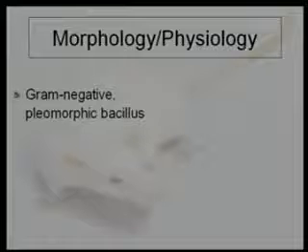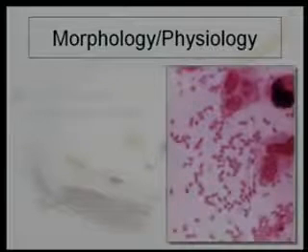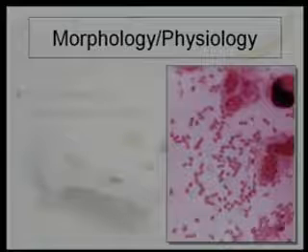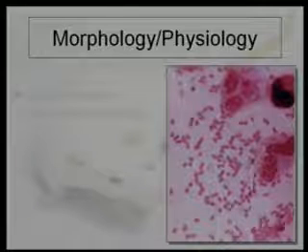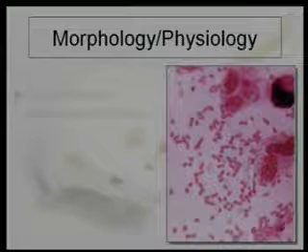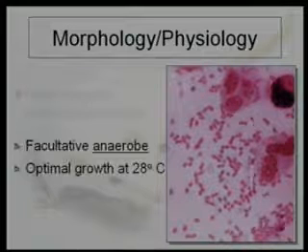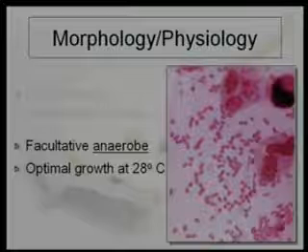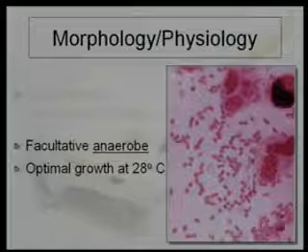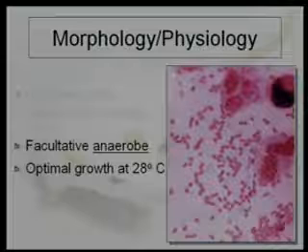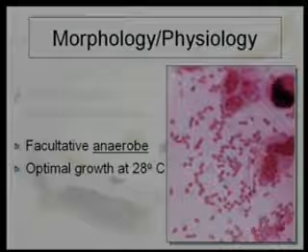Okay, it's a gram-negative, pleomorphic, means many forms, bacillus. This is an aspirate, of course, from the lymph node. As you can see, some white cells there. Facultative anaerobe, meaning that it can grow in anaerobic conditions. It's not an anaerobe, but a facultative anaerobe.